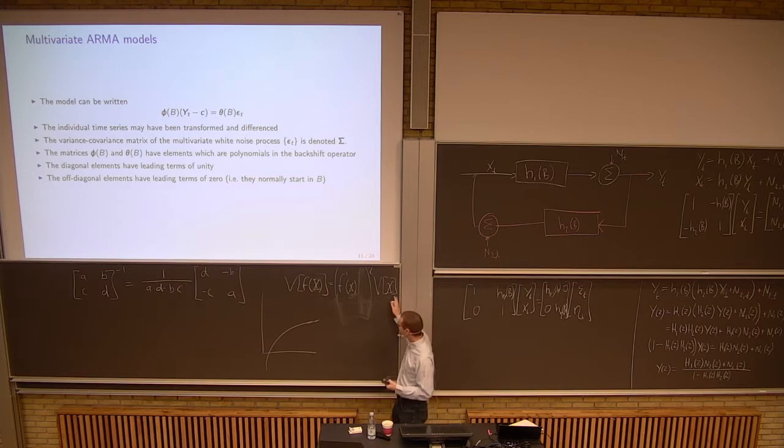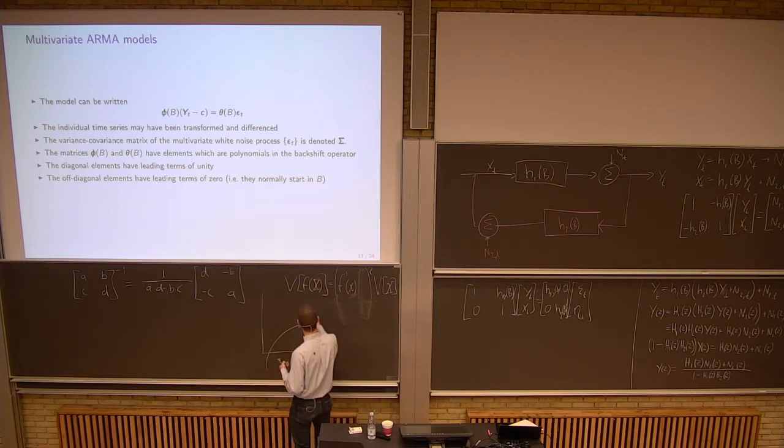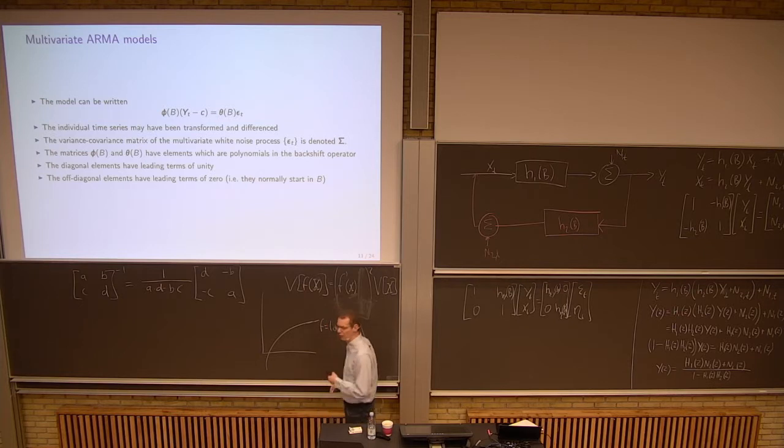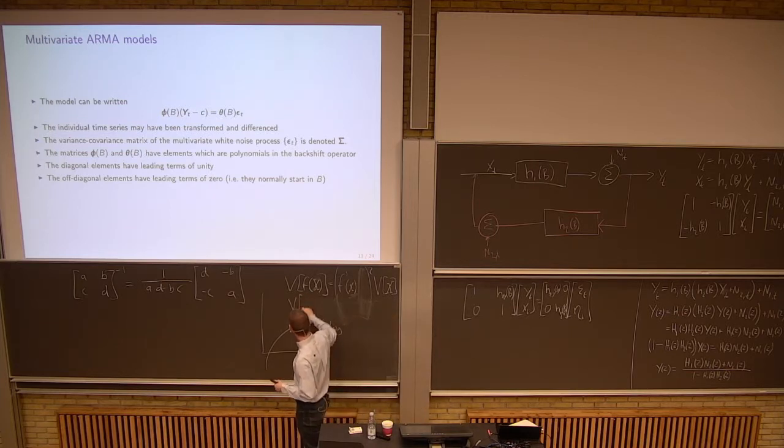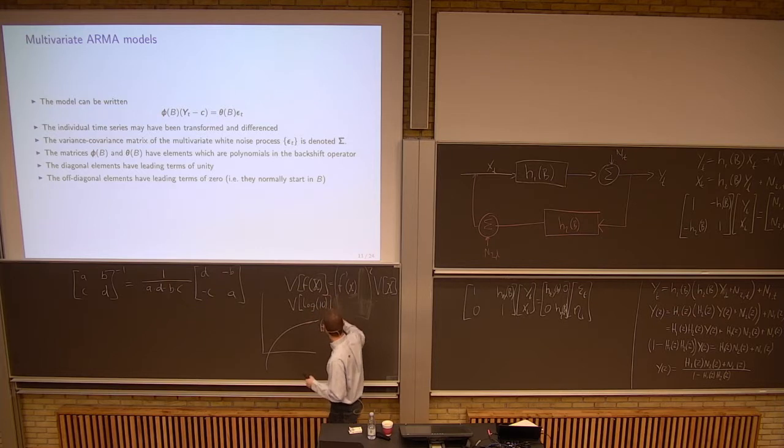So you need to do everything conditioning. Now I observed 10. What do I then do? Well, if f is the log transformation, then what I will look at is what is the variance of log of 10.